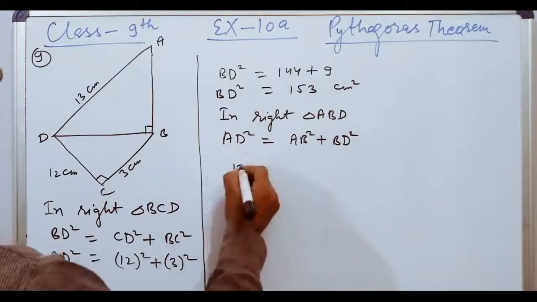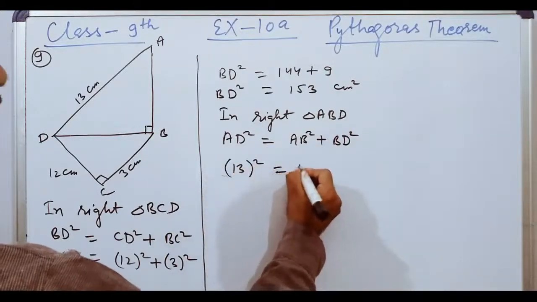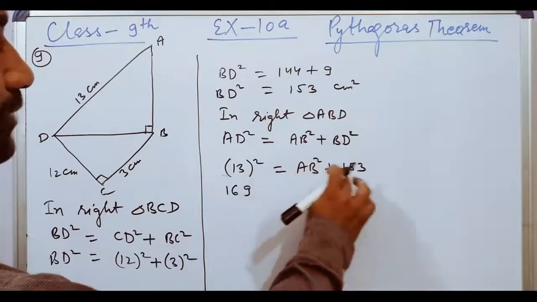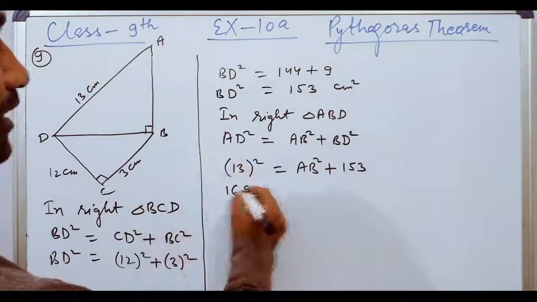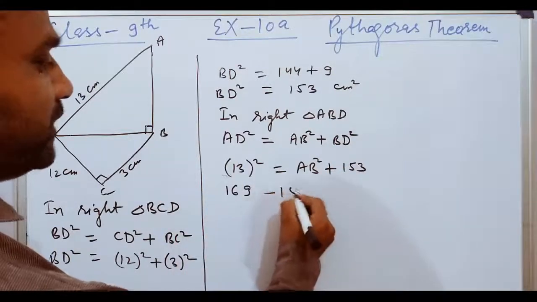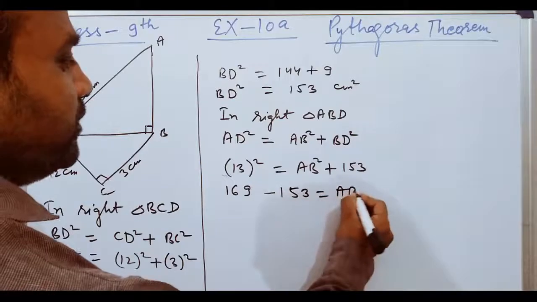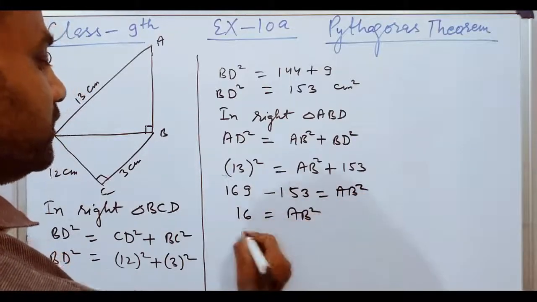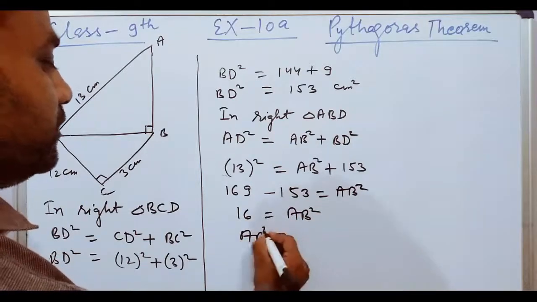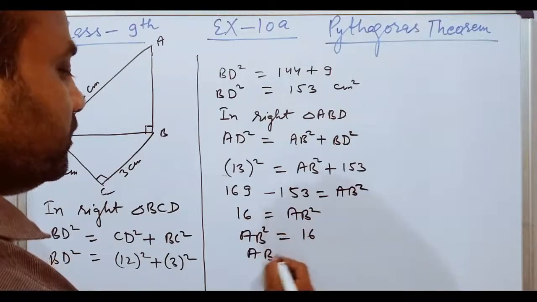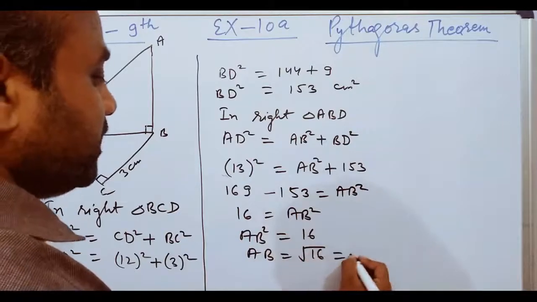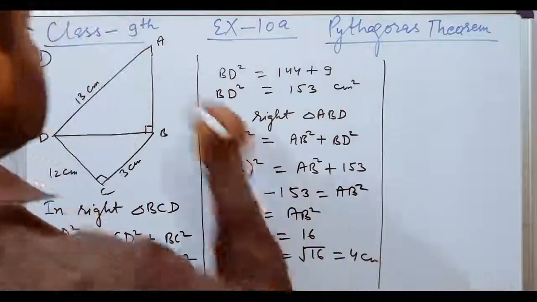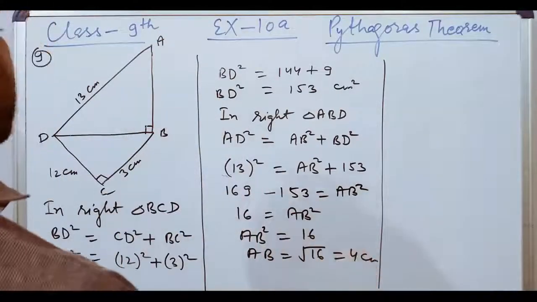We know very well 13 whole square equal to AB square plus 153. It is 169 minus 153 equal to AB square. It is 16. AB square equal to 16. AB equal to square root 16, 4 centimeter. So AB equal to 4 centimeter. Okay, students.